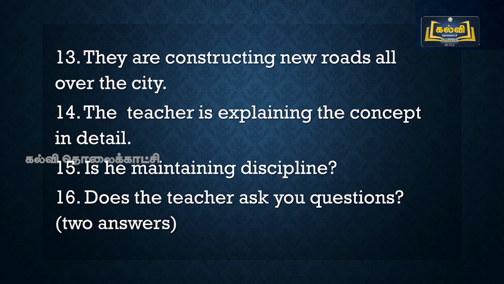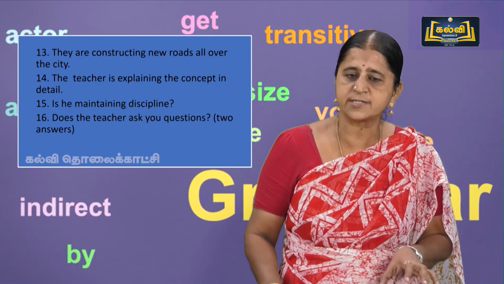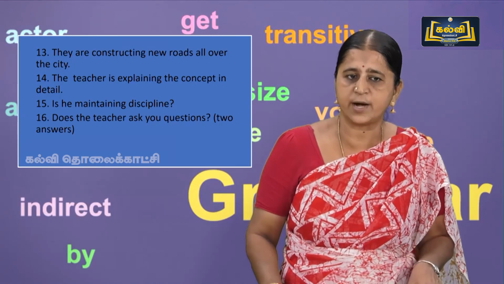Now answer number 1. Are questions asked by the teacher? Answer number 1. Next one. Are you asked? A-S-K-E-D. Are you asked questions by the teacher? So these are the two answers in the passive.